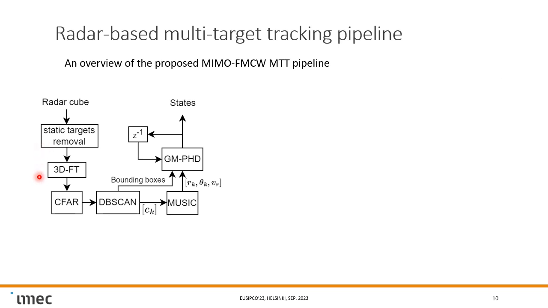Then by applying a 3D Fourier transform, we obtain the beams, the observation data of the radar in different range, azimuth, and Doppler values. Then CFAR gives the detected beams in different ranges, velocities, and azimuth beams.